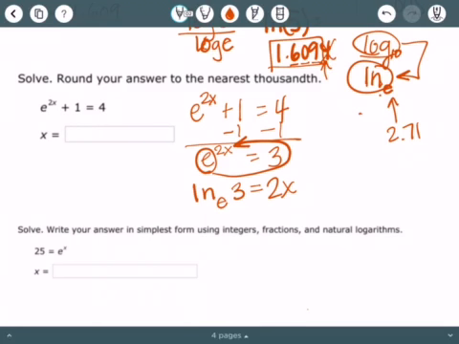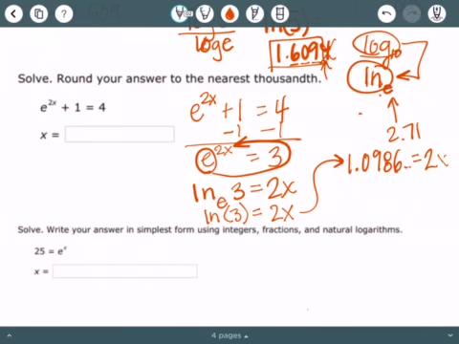So in my calculator, I'm going to type ln of 3, and that's going to be equal to my 2x. From there, I'm going to type ln of 3 on my calculator. It's going to give me 1.0986..., and it's going to be equal to 2x. I want to get x by itself, so I'm going to divide by 2 on both sides.